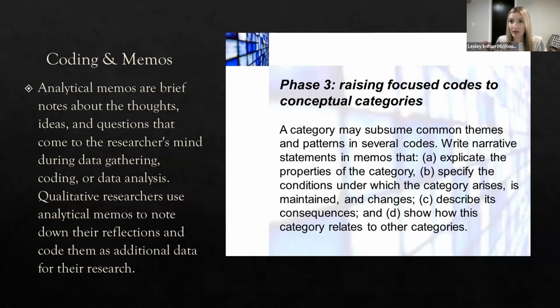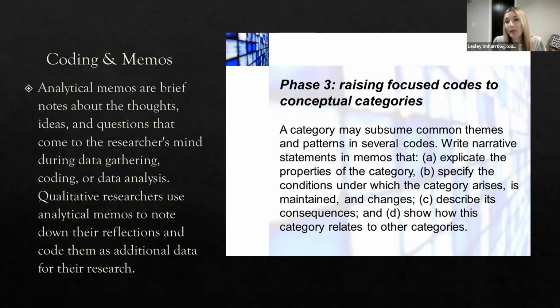Chapter 4 of Corbin and Strauss's book for this week actually gives us these thinking strategies, which offer questions that we can ask of our data. And then we can respond to those questions using our data in memos. So qualitative researchers use analytic memos to write down our reflections, and we can also code our memos and use them as additional data for our research.